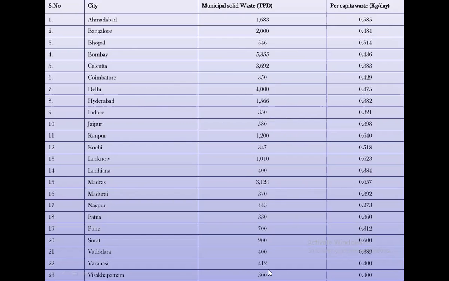Which is the lowest? Minimum: Madurai 370, 347, Coimbatore 350, Visakhapatnam 300.